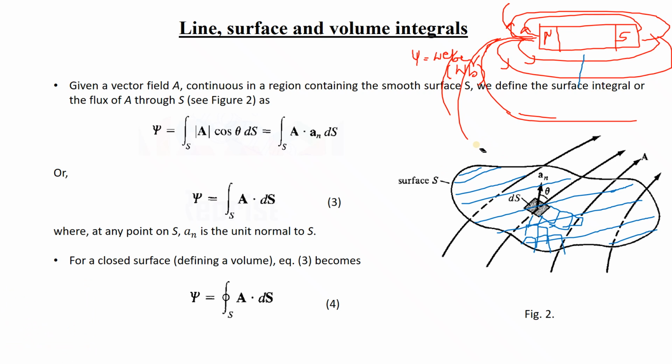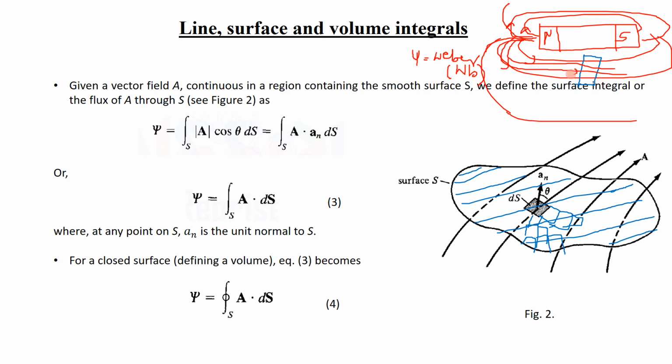So you cannot measure the total flux. So what we do, we assume that we only deal with the flux density. That means we take a small area like this and we measure the flux passing through that particular area. So measure only that flux.